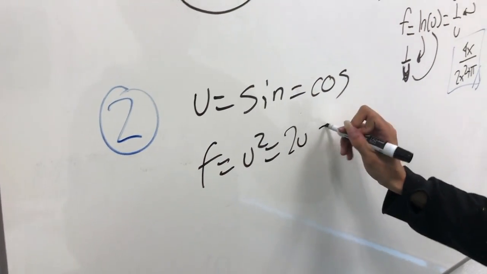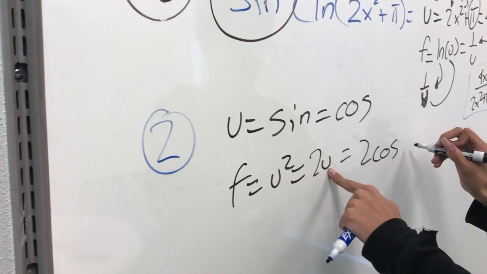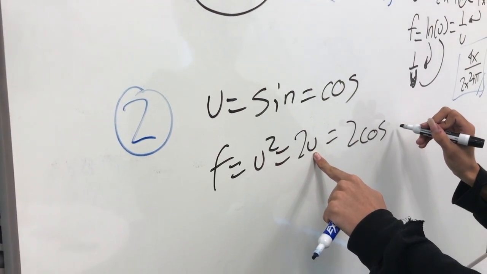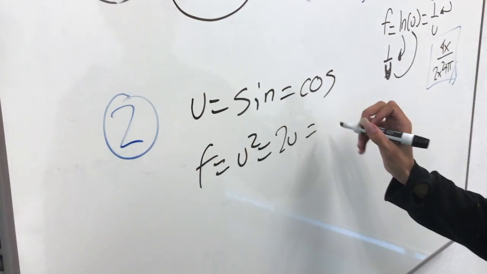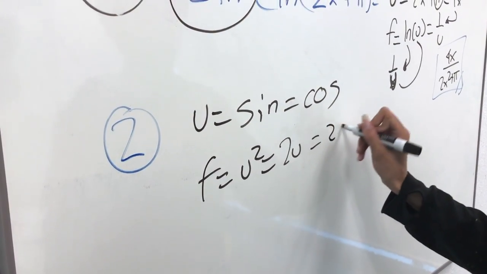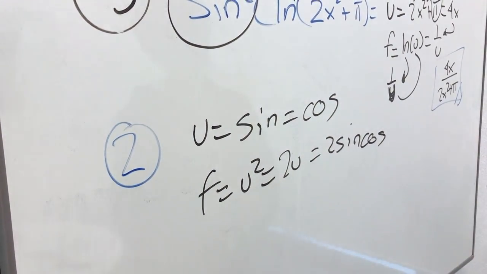We multiply again and we get 2 sine cosine. This is our second step.